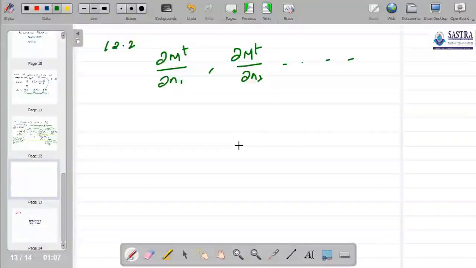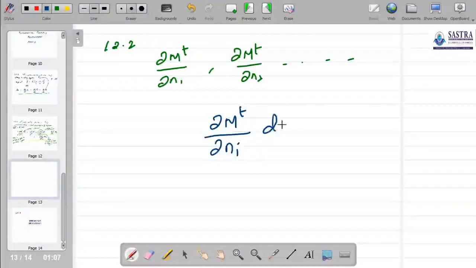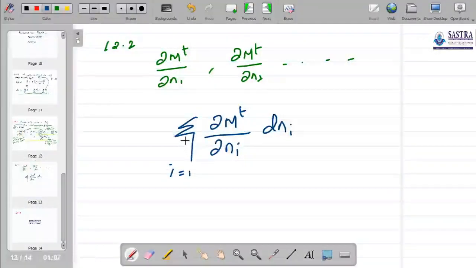So this can be written in general as one single term, ∂M_t divided by ∂n_i times dn_i, where n_i denotes the moles of that particular species i, and this is written as a summation of i equal to 1 to n.